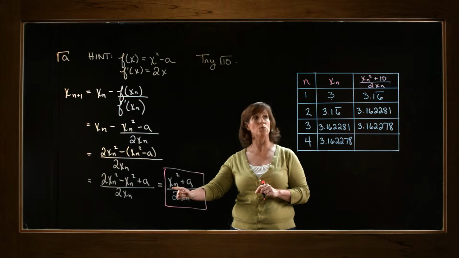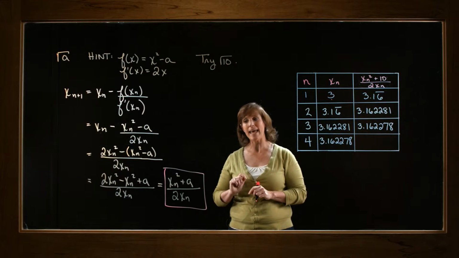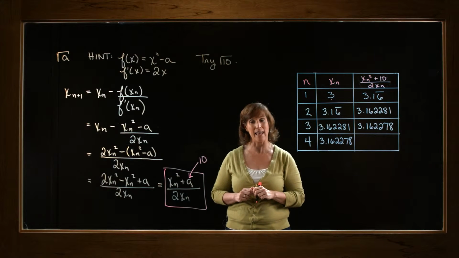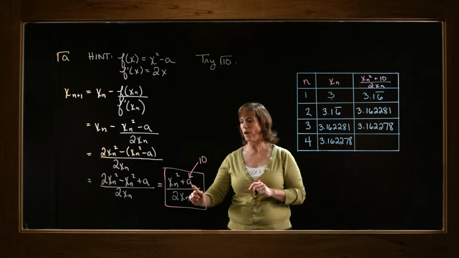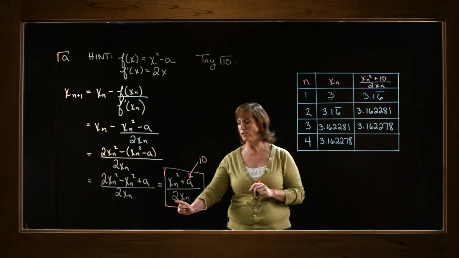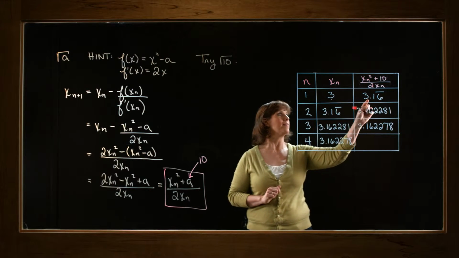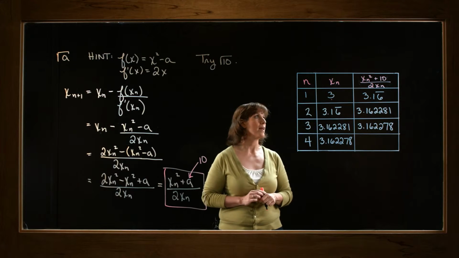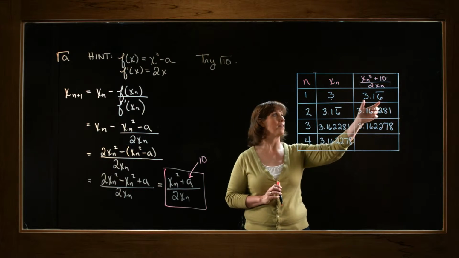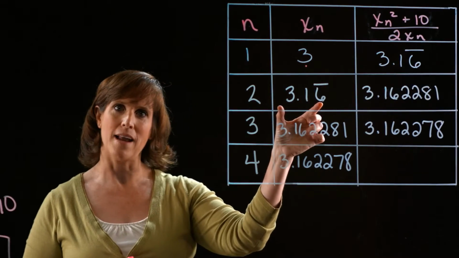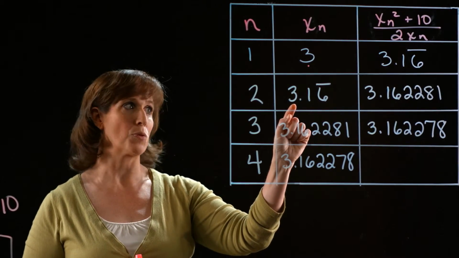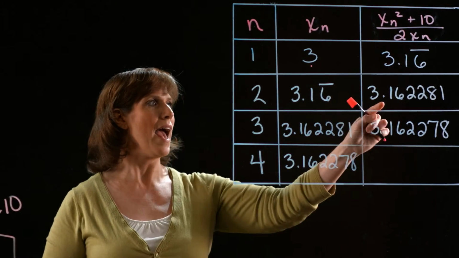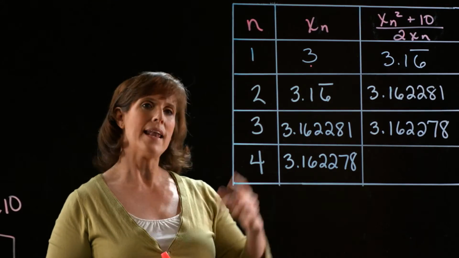So I'm going to take 3 squared and add 10, because in this particular problem, the a value is 10. So I've got 3 squared plus 10 divided by 2 times 3. That gives me 3.16 with the 6 repeated. As usual with Newton's method, your result becomes your next guess. So I'm going to take 3.16 repeated, plug it into my function, and I get a new value. And I keep doing that.